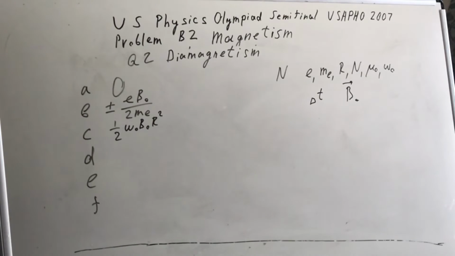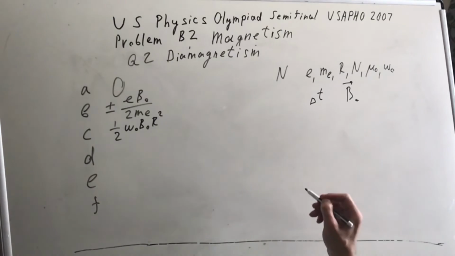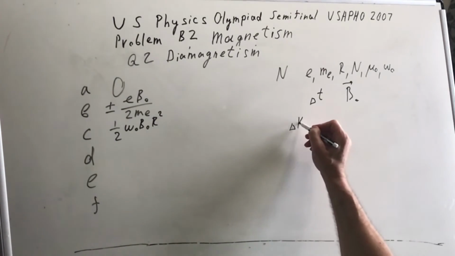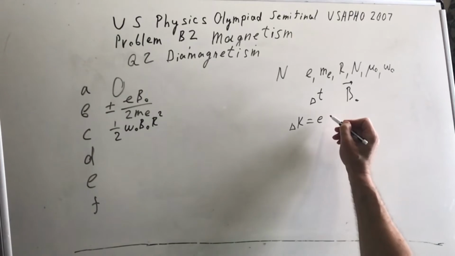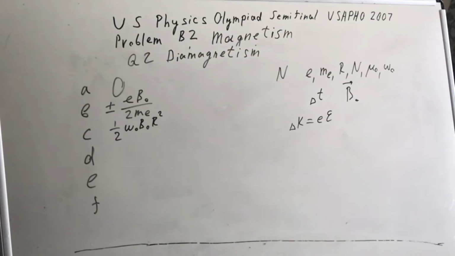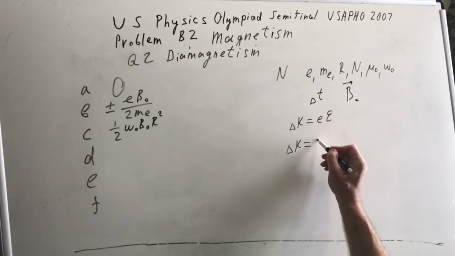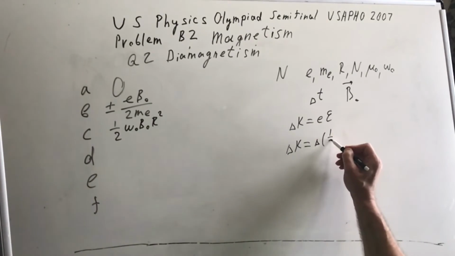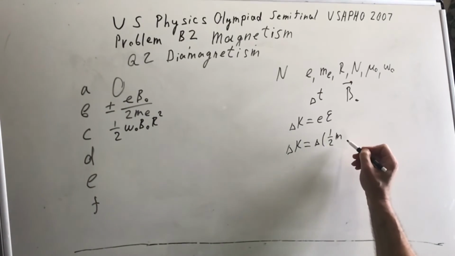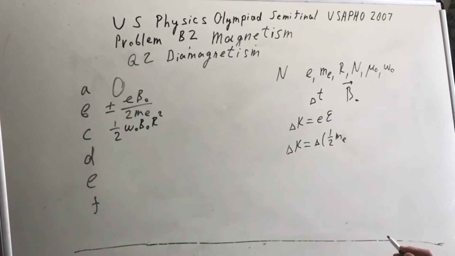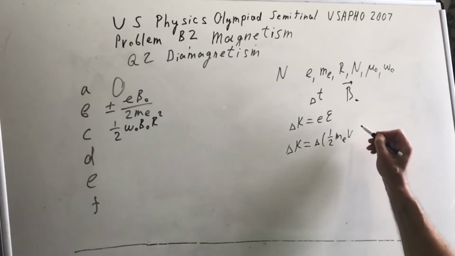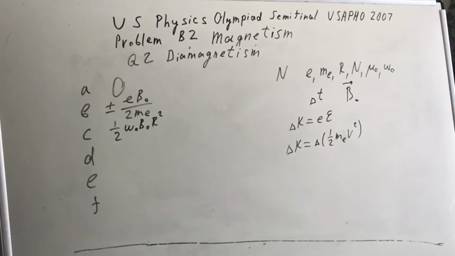Question D. Verify that the change in the kinetic energy of the electron satisfies the expression delta K equals e EMF. So the change of kinetic energy, dK, is equal to d of 1/2 m_e v squared.